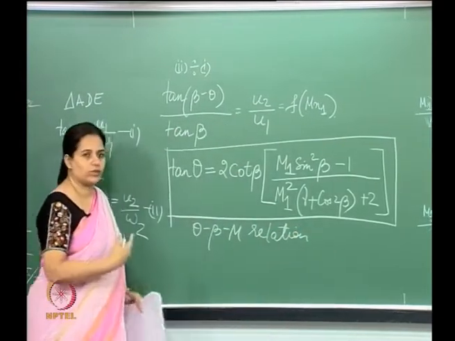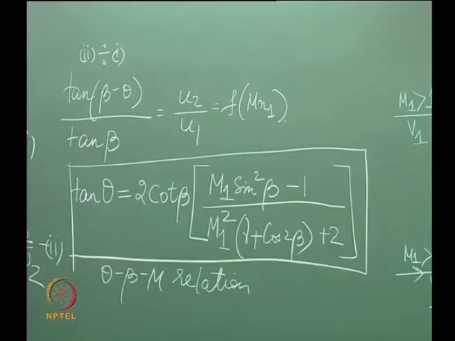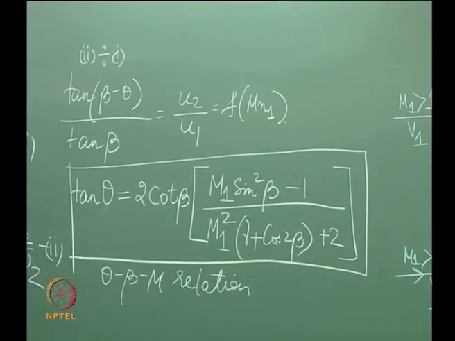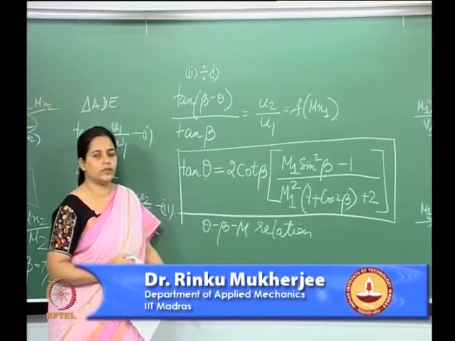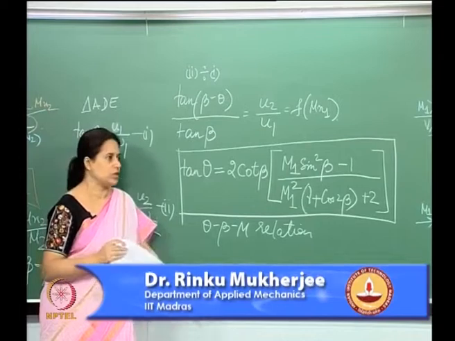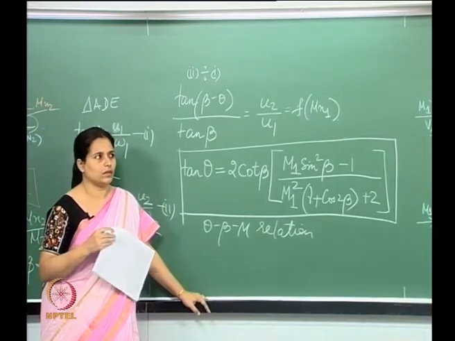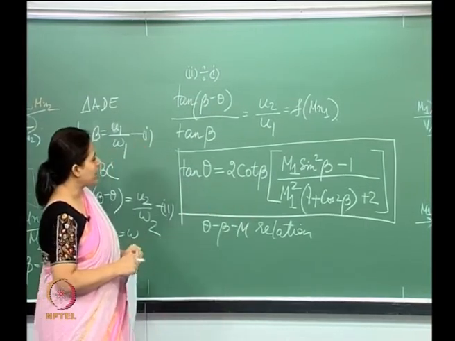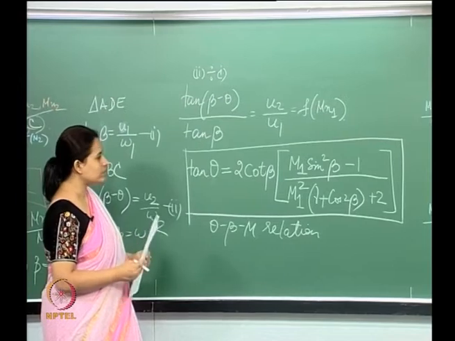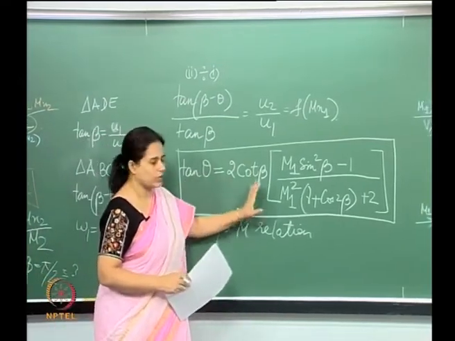This is the very common theta-beta-M relationship associated with oblique shocks, and it is available in charts in any regular textbook, and you should be able to get your values very easily from there.